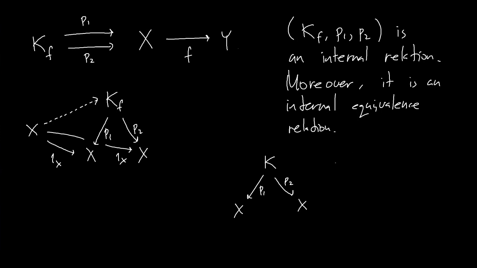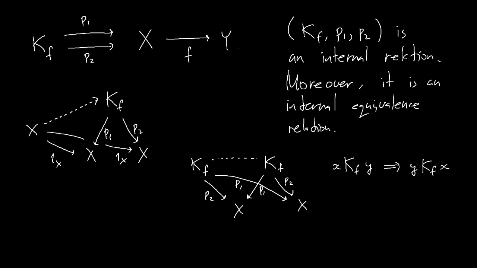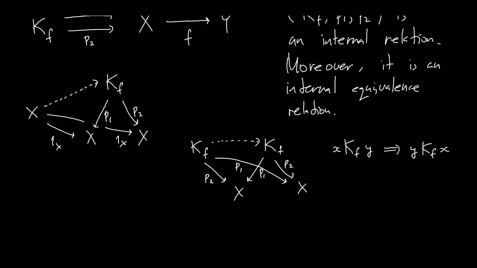Symmetry, element-wise, says that if X is related to Y, then Y will be related to X. Now, this is the set of all pairs which are related, but I want to also consider the set of all pairs that are related in a twisted way. I could take the same set, but then twist the projections. Put P2 here and P1 there. And then say that there is a factorization. So what will this ensure?